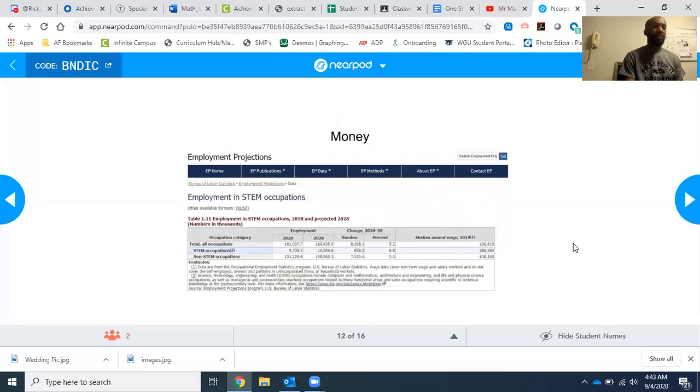The second graph is about STEM and money. This might help you to further understand my overall why. As you can see, it breaks down different occupations versus occupations in STEM.